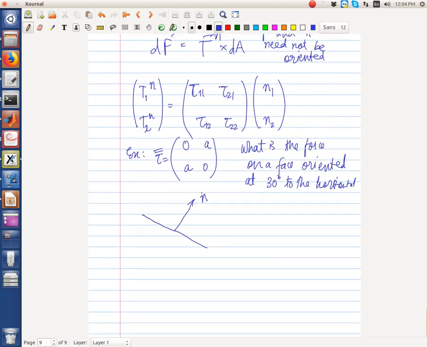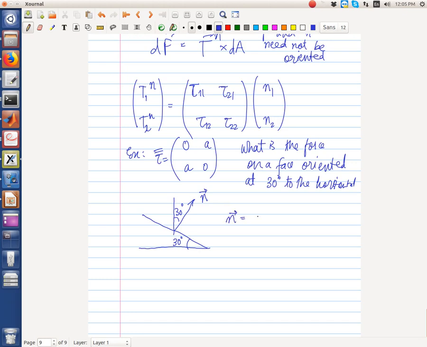So the n vector is what? It is oriented at 30 degrees. So if this is 30 degree, this is 30 degree. So what is the n vector?